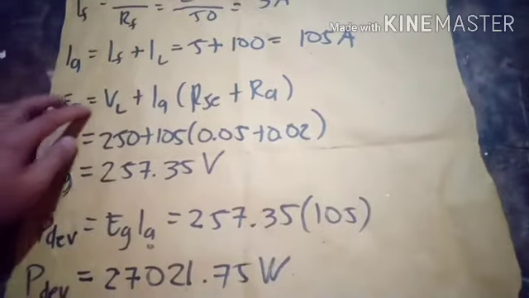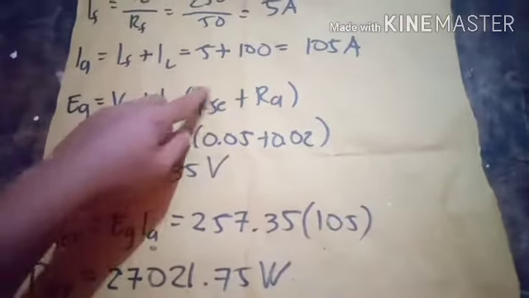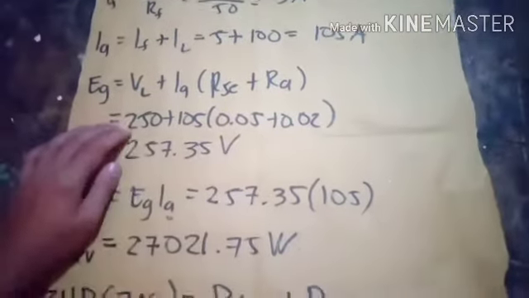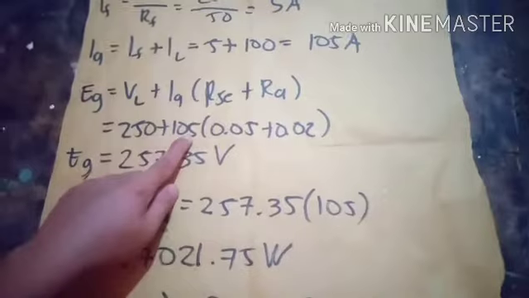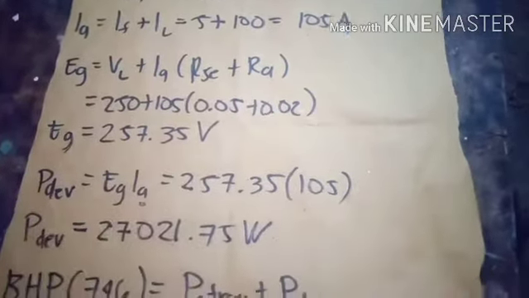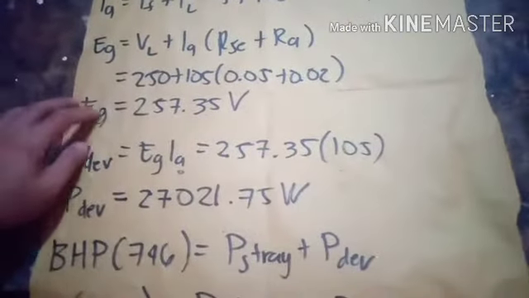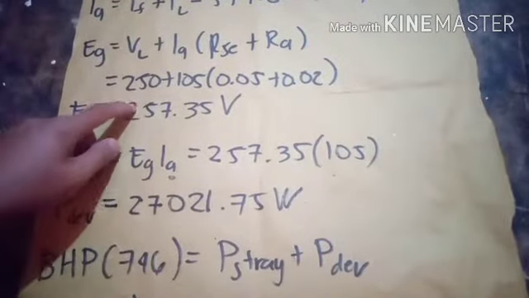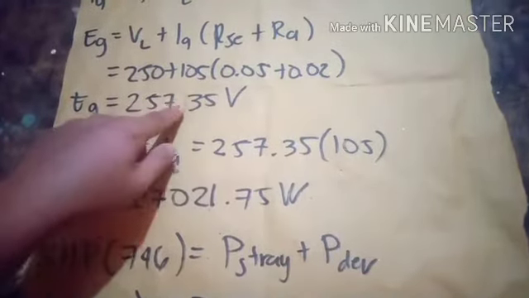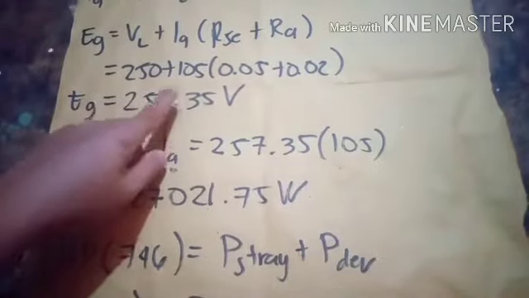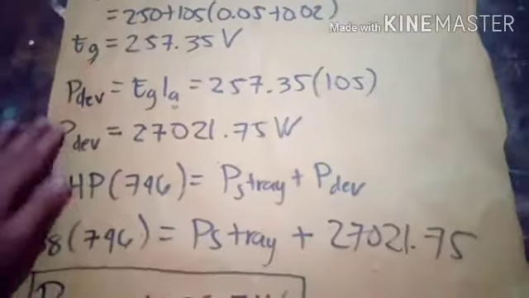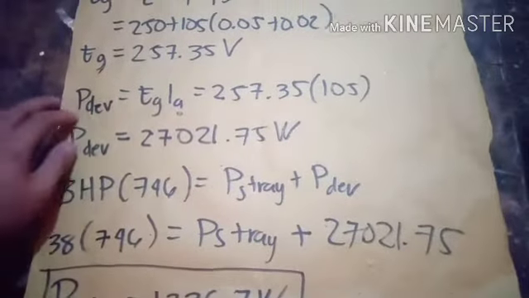So, EG is equal to VL plus IA times R sub A plus R sub E, equal to 250 plus 105 times 0.05 plus 0.02. So, EG now is equal to 257.35 volts.